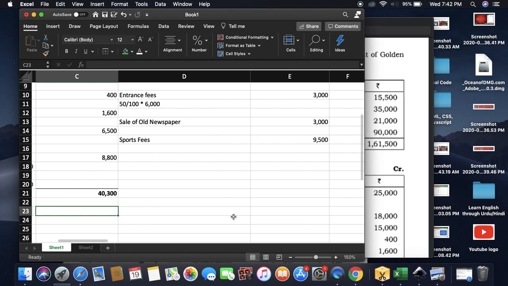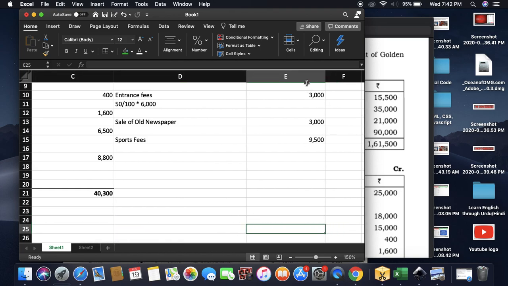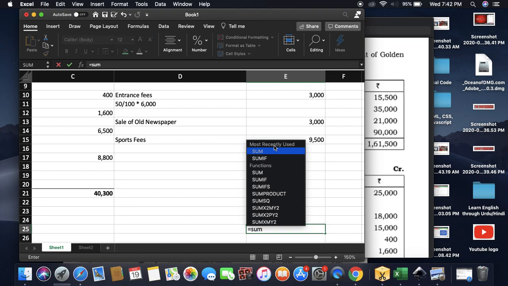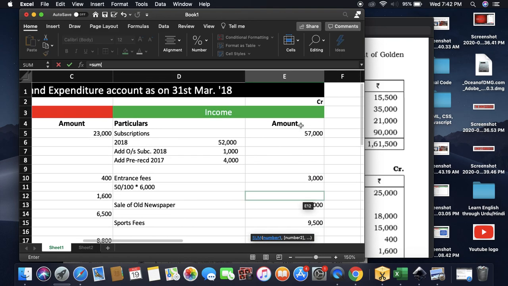And then over here we need to add it. You can use a calculator. In this case I'm just using the Excel sum function. We also do a lot of videos on Excel. You can go and check out our Excel videos as well.